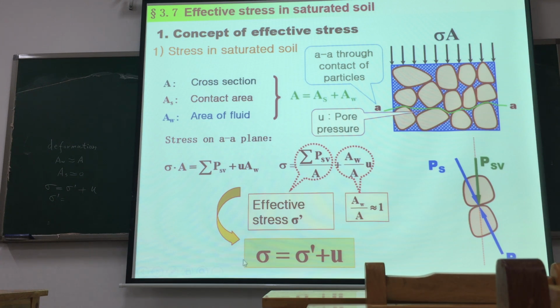Okay, in this equation, the pore water pressure has no effect on the deformation and the strength of soil, because the pore water pressure cannot make the soil particles move.